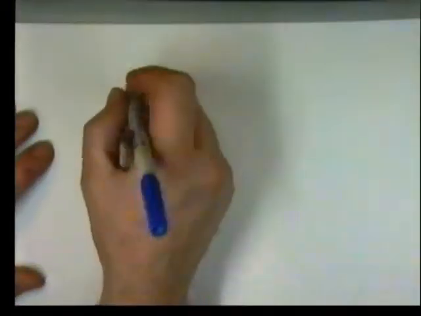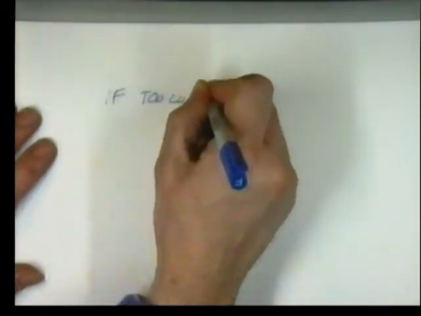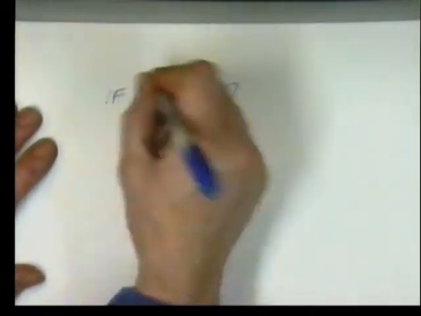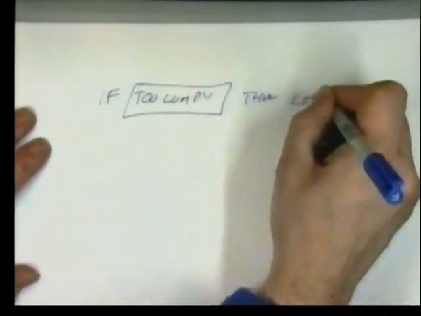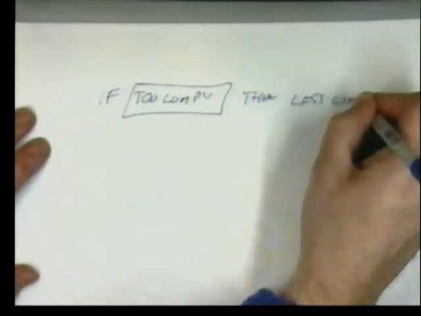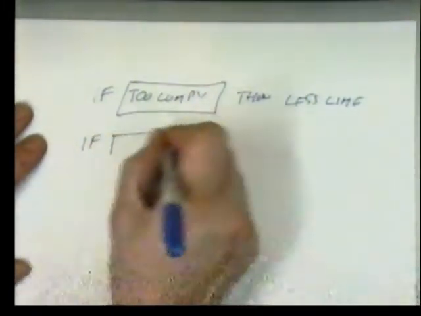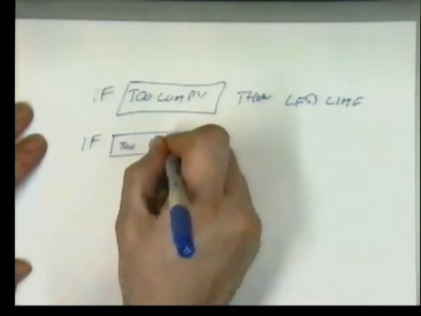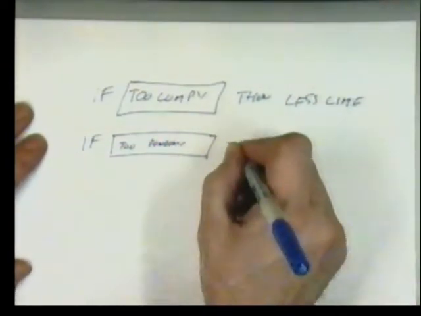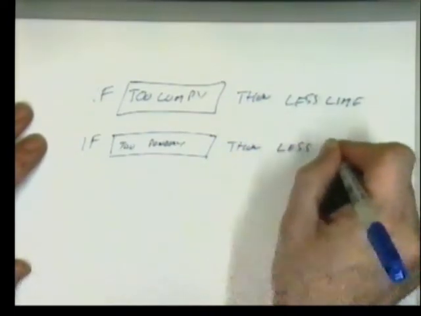They say, if it's too lumpy, then less lime. That's one rule. Another rule is, if too powdery, then less coal.